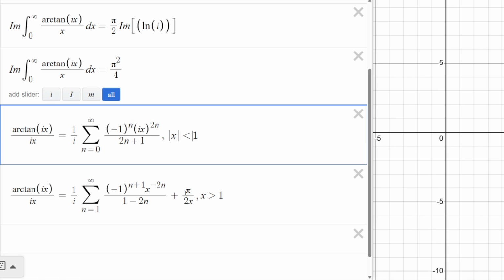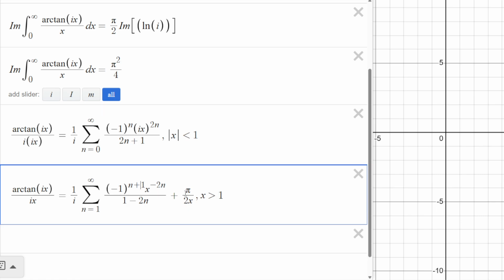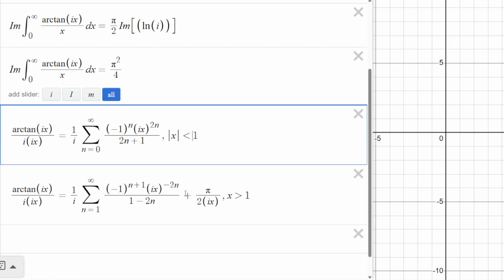We also have to take x to be ix here, right? x is ix on both sides. Now you'll notice that this is just going to become negative x.